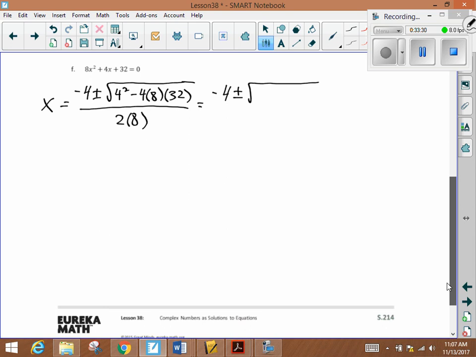And that is going to be 4. So we wind up with the square root of negative 1008 over 16. We should check and see if that thing actually has a square root. It does not. So we'll have to figure out what it's divisible by.